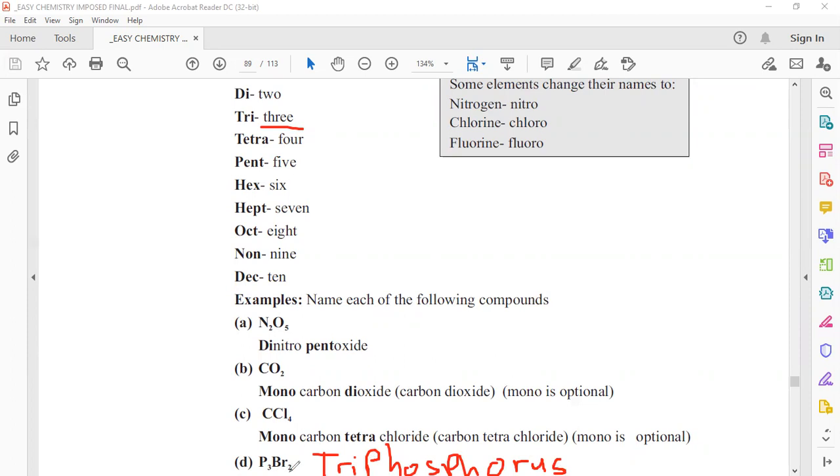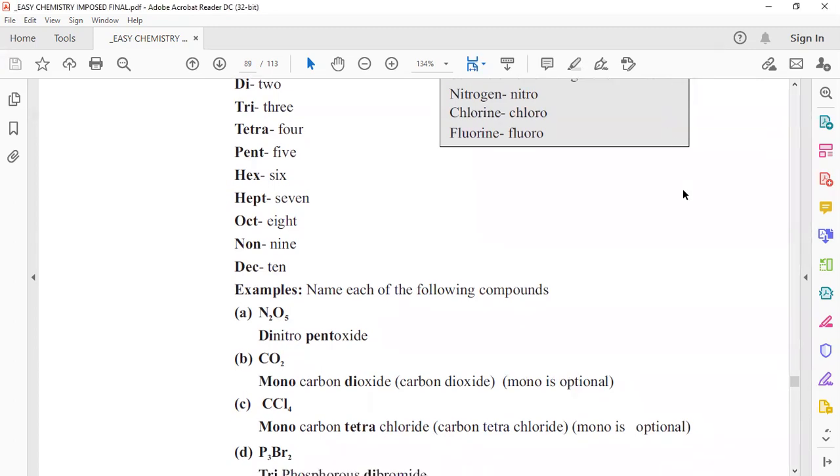Then how many bromine? We have 2. So we say triphosphorus dibromide. That is just basically the naming of these particular compounds.